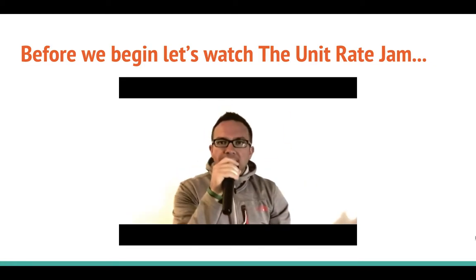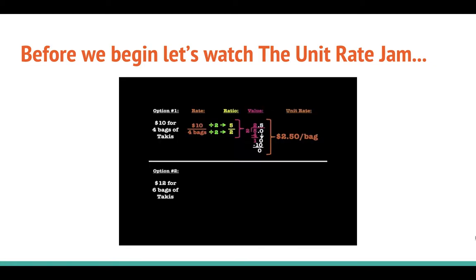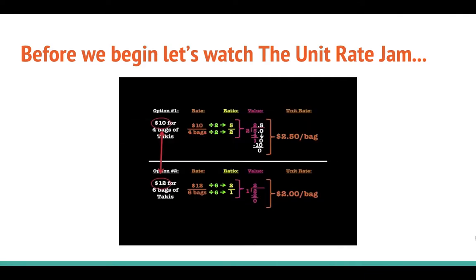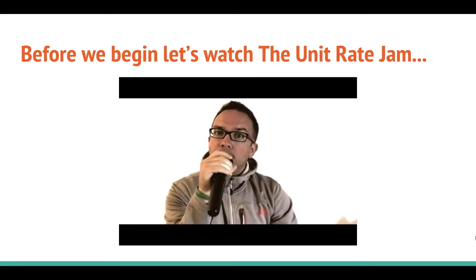But on the other hand, if it's $12 for 6, the rate is $12 over bags of Takis 6. That's a ratio of 2 to 1. Now let me hear ya holler, cause in this option here, each bag is only $2. So even though I might have spent more money overall, I got more bang for my buck. Call me a bargain hunter, y'all.